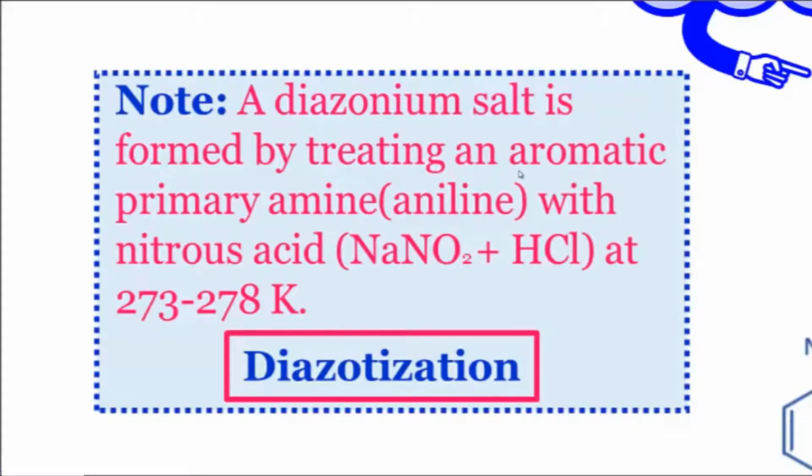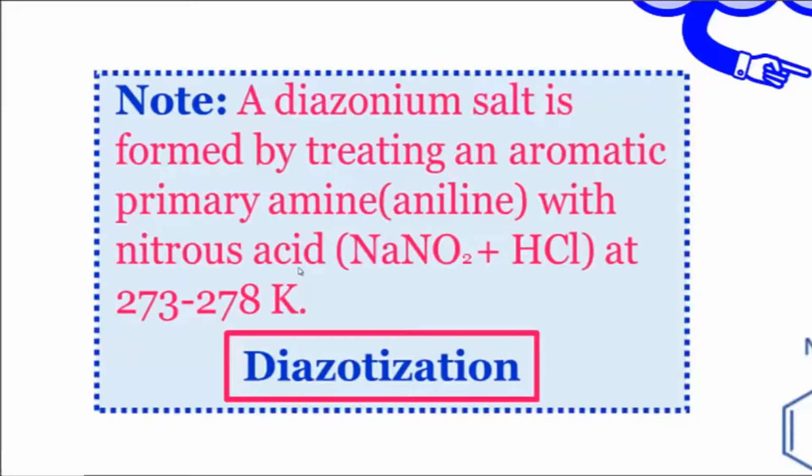Our starting material will be a primary aromatic amine, and the amine considered in this case is aniline or benzenamine, wherein NH2 is directly linked with benzene ring. It is treated with sodium nitrite and HCl in ice cold condition so that we will end up in the formation of nitrous acid. HNO2 is nitrous acid.